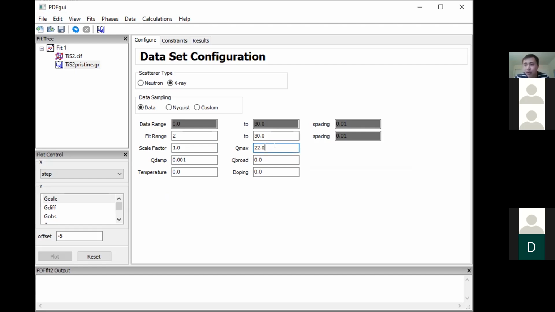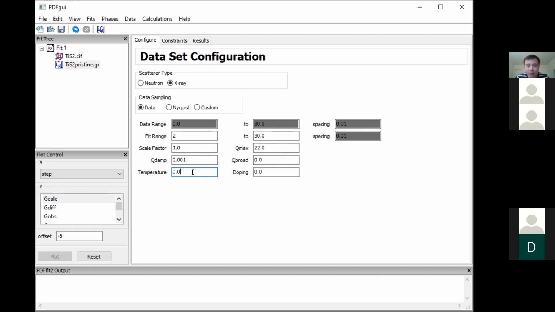As I mentioned, 23 is very good. 22 is already good, so 22 we can live with for most cases. Qdamp is the important parameter we'll be discussing, and also Qbroad. And this temperature does not have a real relationship with the fitting.